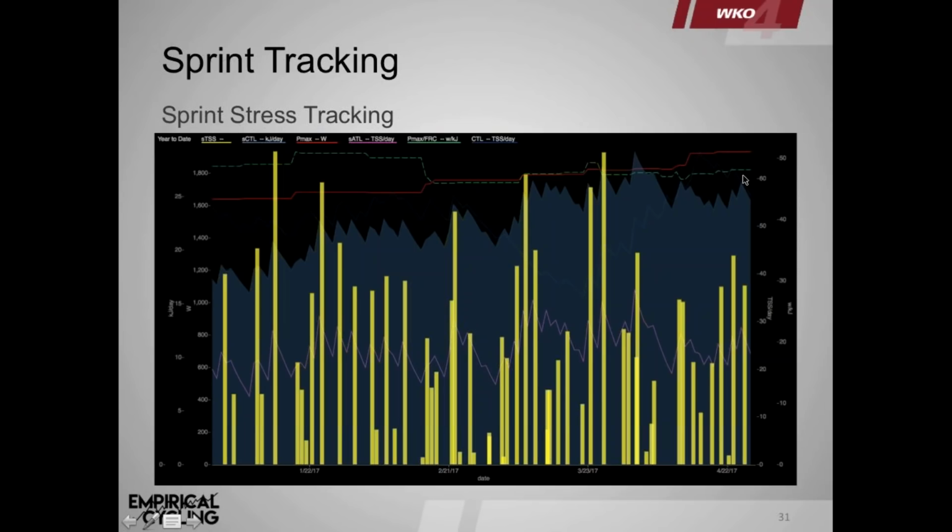So this says to me that the increase in the power that we see in the FRC intervals is because of the increase in Pmax, not because the athlete was working in FRC at all. So that's how I keep track of that.